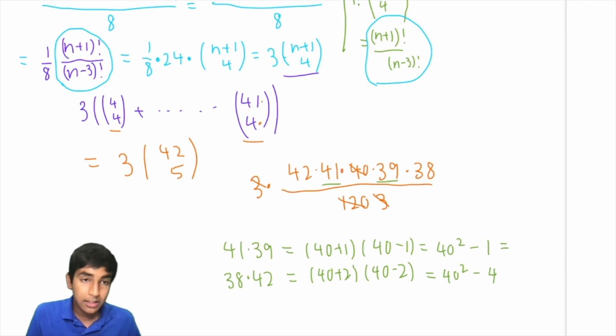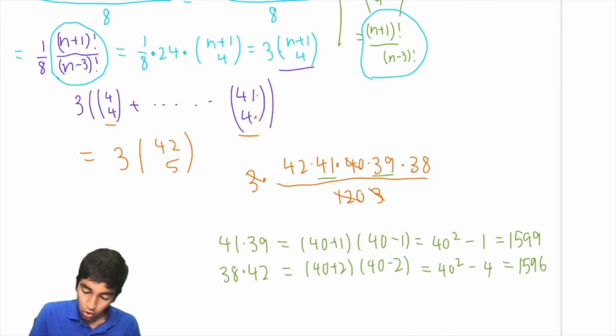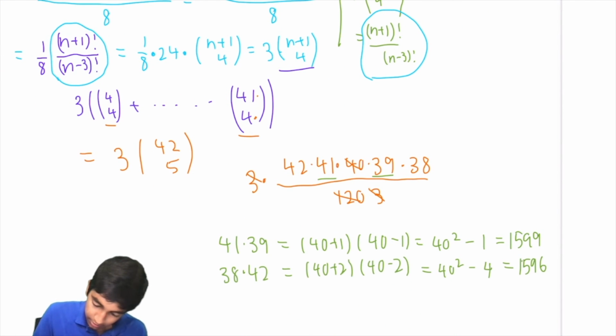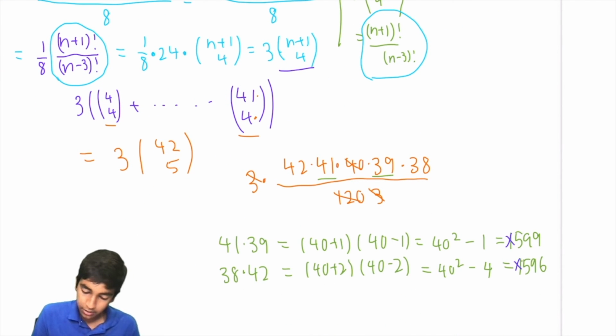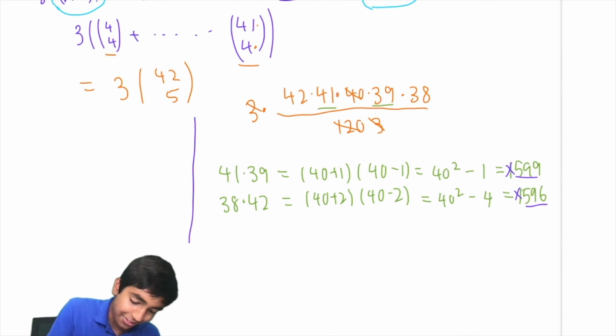This is 1600 minus 1, 1599, and this is 1596, 1600 minus 4. Notice the problem only asks for the remainder when divided by 1000, so we can ignore the leading digit because only the last three digits matter. Now, again, are we going to multiply 599 by 596? No, we're not going to do an ugly computation; we're going to use more shortcuts.